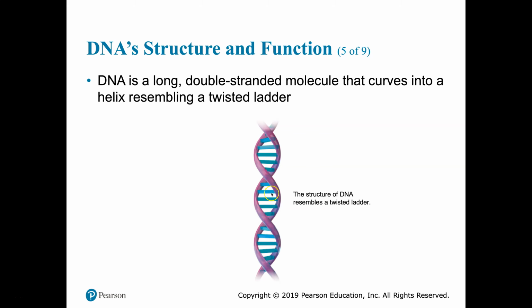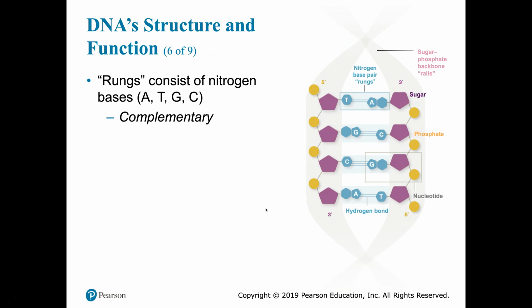And then, remember, hydrogen bonds are holding these nucleotides together, the adenines and thymines and the cytosines and guanines. This is a close-up view of that. What I was mentioning here, you have your backbone, phosphates, your sugars, your nitrogenous base. Same thing here, sugar, phosphate, your phosphate backbone, your sugar, and then your nitrogenous base.